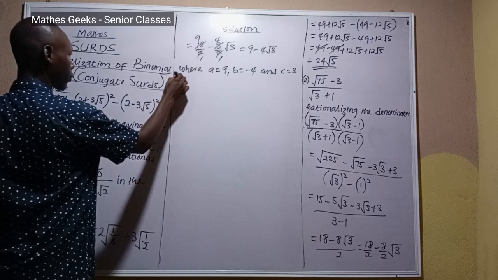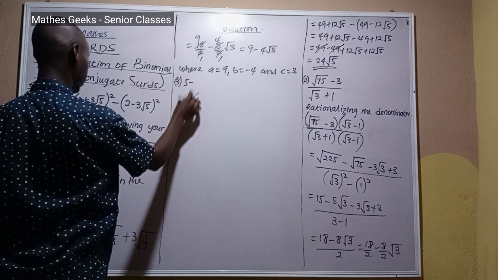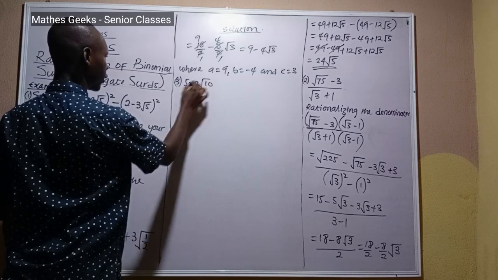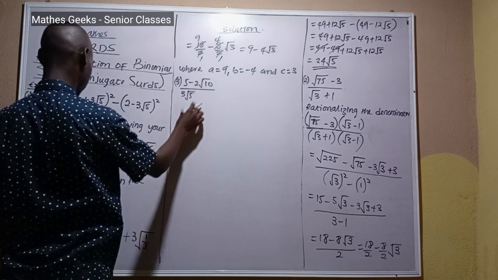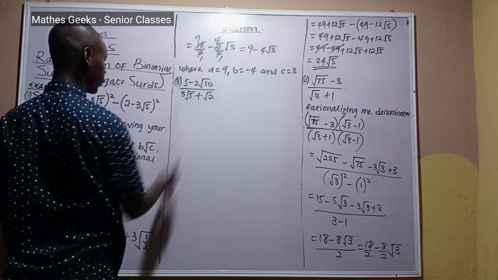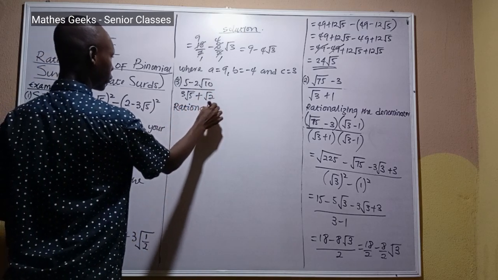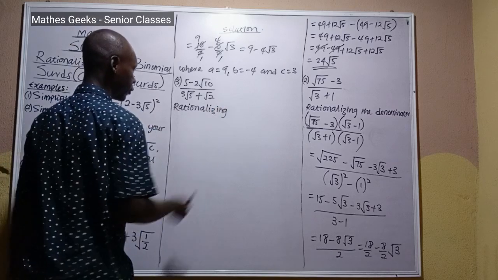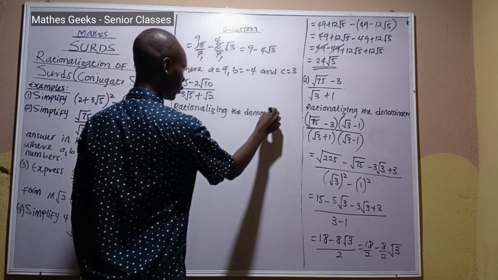Number 3, express 5 minus 2 root 10 over 3 root 5 plus root 2 in a simpler form. So we say rationalizing the denominator.